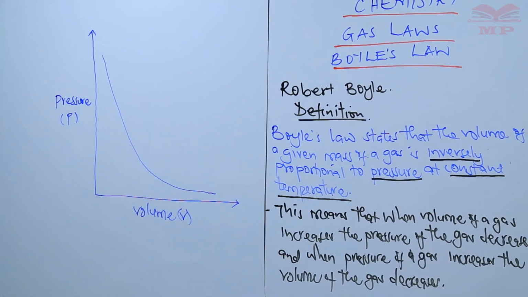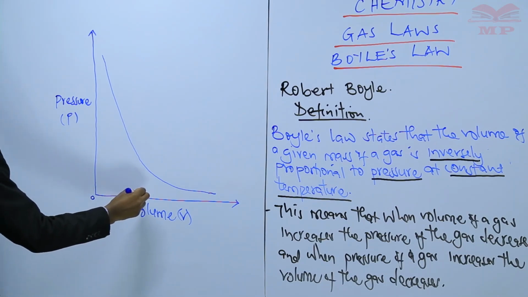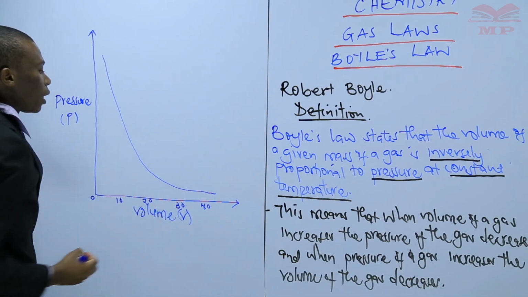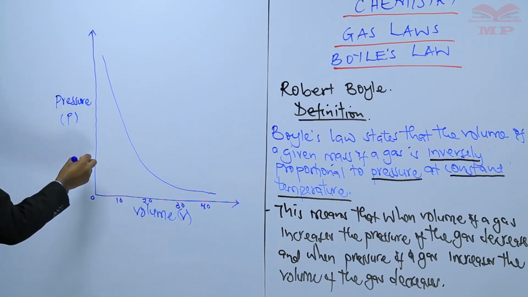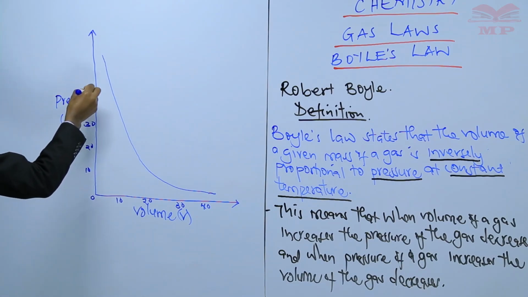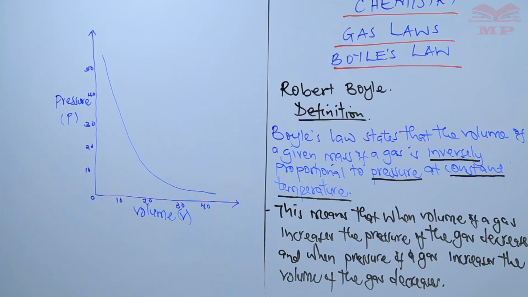That is a curve. Suppose we have some calibrations, though ours is not drawn to scale. If you have 0, 10, 20, 30, 40 on our x-axis, and on the y-axis you have 10, 20, 30, 40, 50, like that.